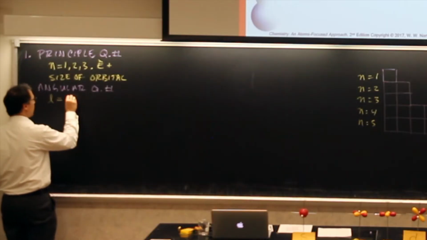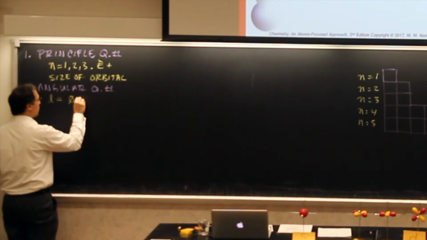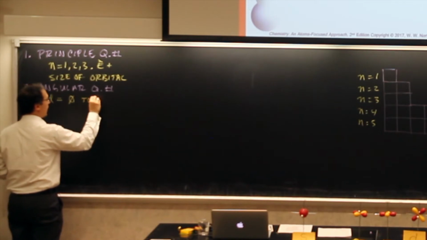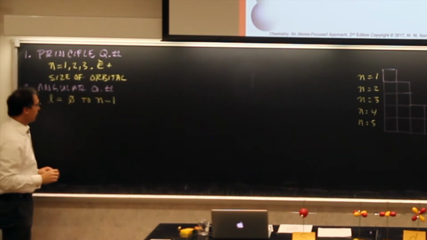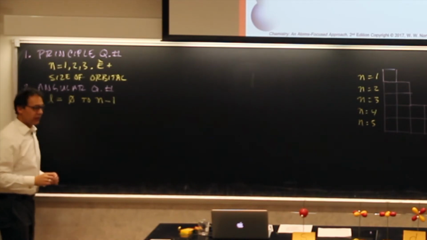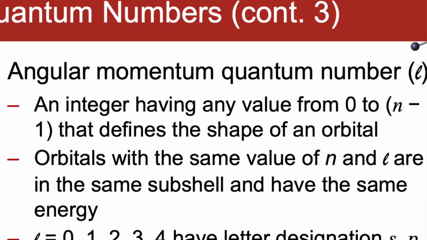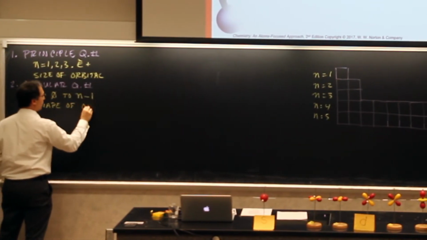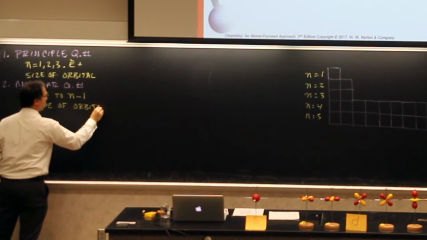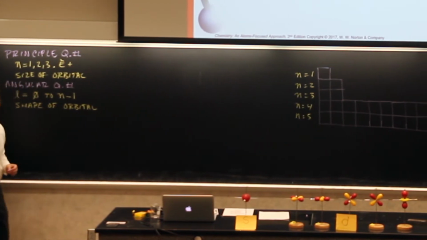So I'm going to say 0 to n minus 1. Those are the values of it. And this is going to tell us the shape of the orbital.